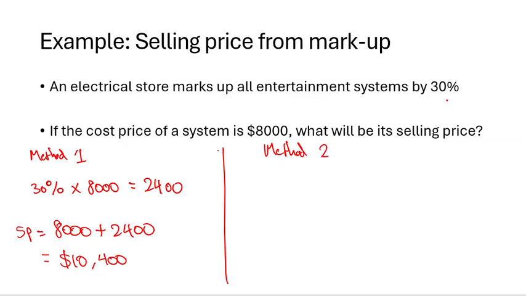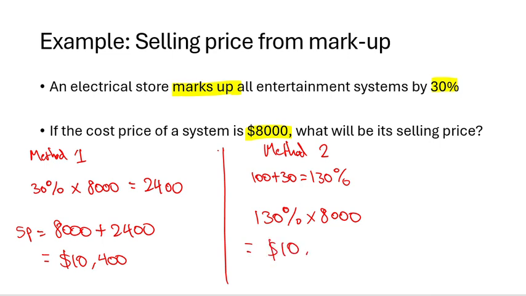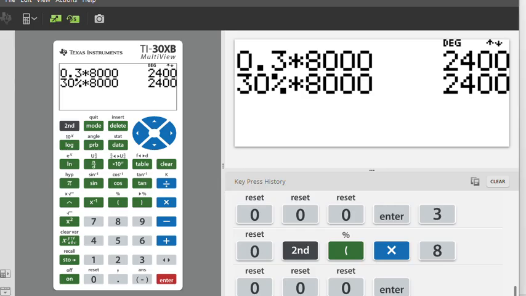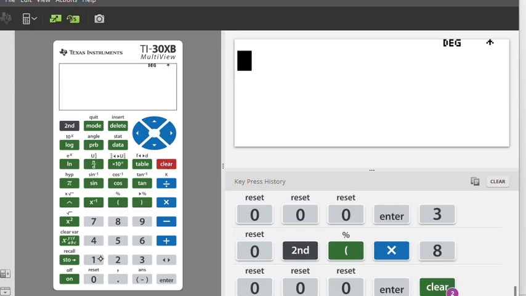Okay. So now you've got method two. What I'm going to do is add the 30% to 100. So it'll be 100 plus 30, 130%. And then you just do 130% times 8,000, which equals 10,400. Now, just to double check, let's make sure we do it right.